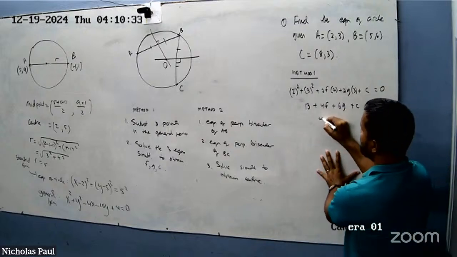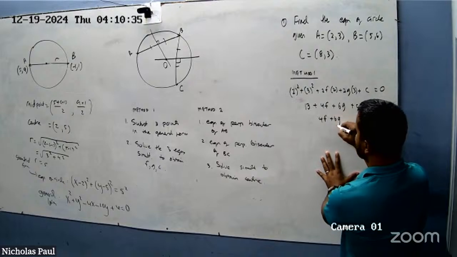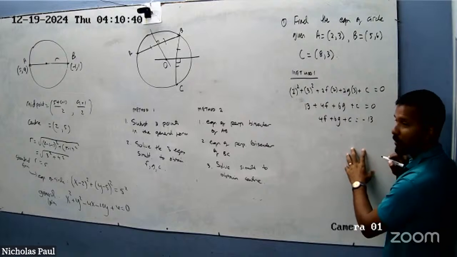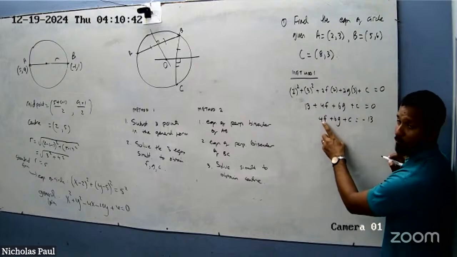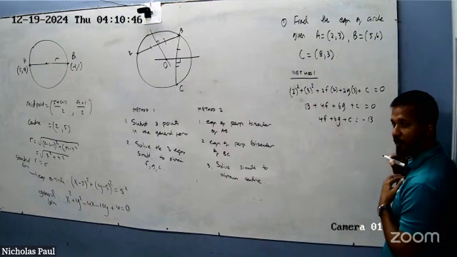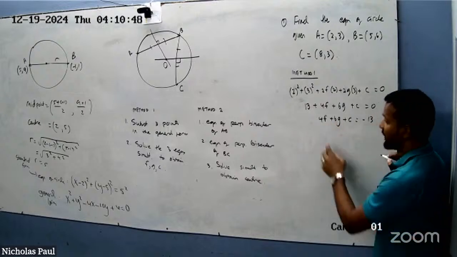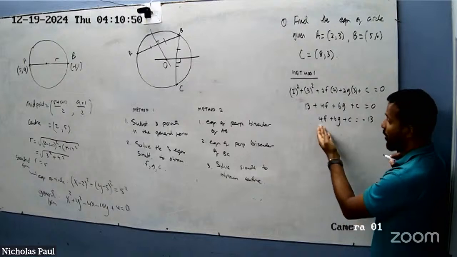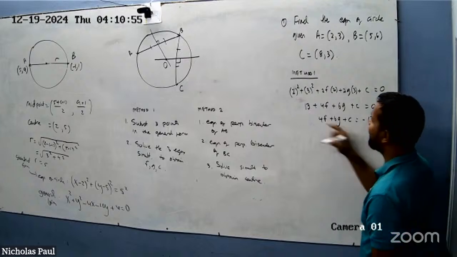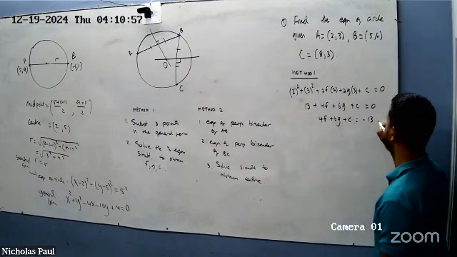So your first equation is 4f plus 6g plus c is minus 13. Look, 4f here. So that is equation 1.